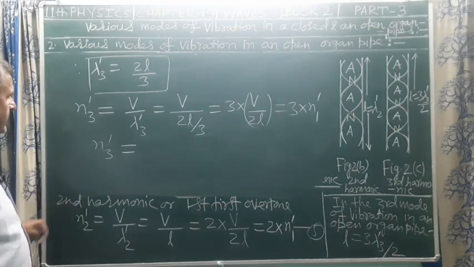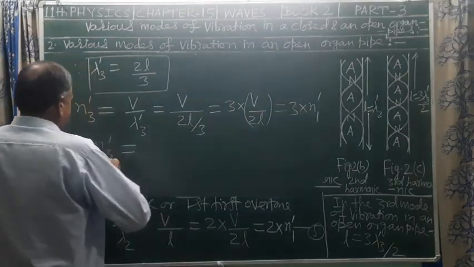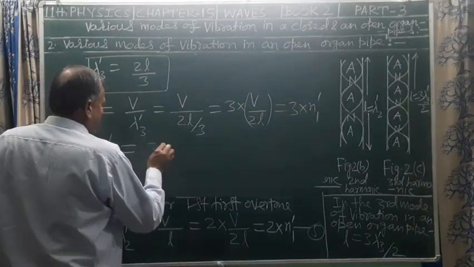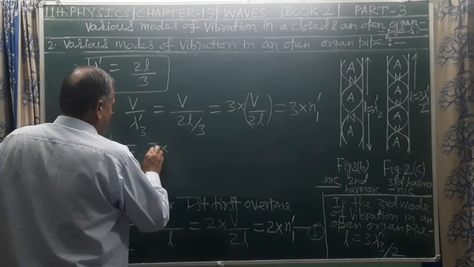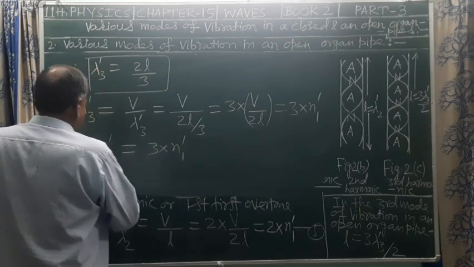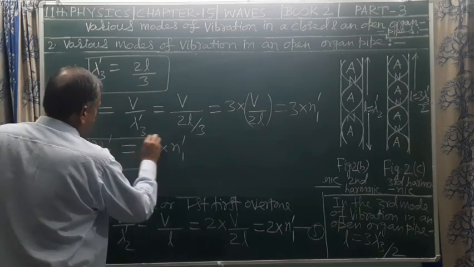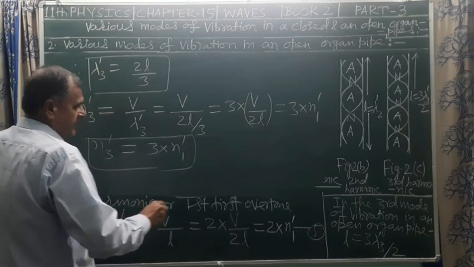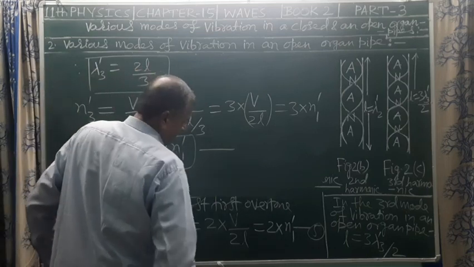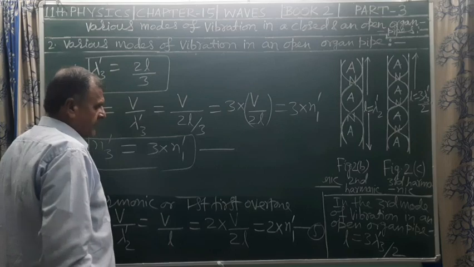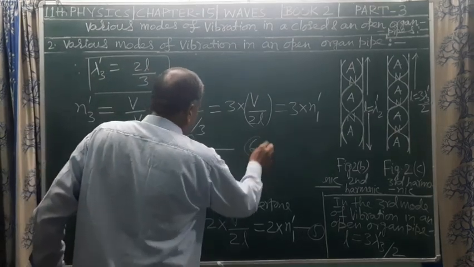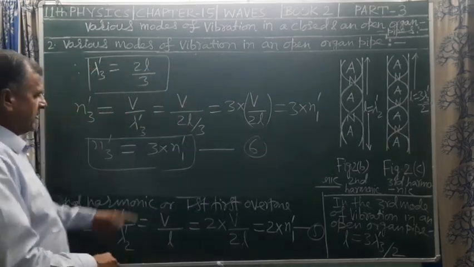So the final result is N3 dash is equal to 3 multiplied by N1 dash, that is, third harmonic produced in an open organ pipe is 3 times the fundamental frequency or first harmonic, and it is the final expression, equation number 6.